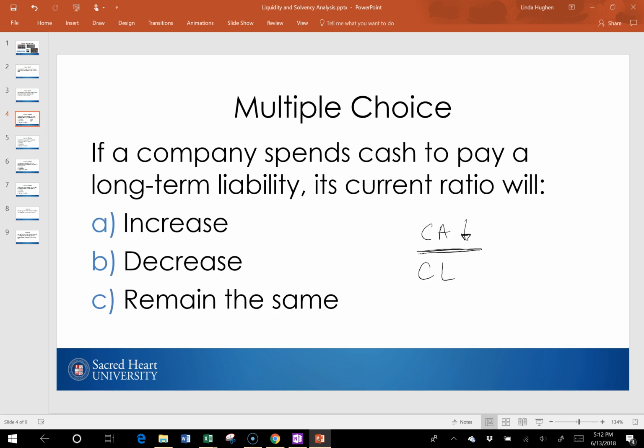And if long-term liabilities go down, how does that affect our current assets? It doesn't. How does it affect our current liabilities? It does not. So the only thing that happens is that the numerator gets smaller, and therefore the entire current ratio would decrease. If our numerator gets smaller and the denominator stays the same, our current ratio would decrease.